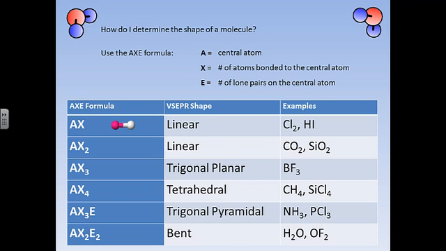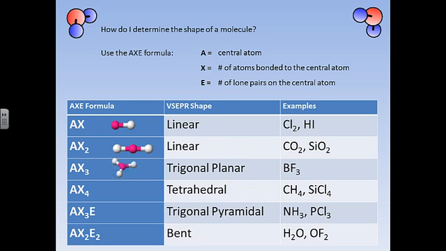This is true no matter if the two atoms are of the same type, as in chlorine, or different, as in HI. In molecules where there are two atoms bonded to the central atom, but the central atom has no lone pairs, the molecule is once again linear.